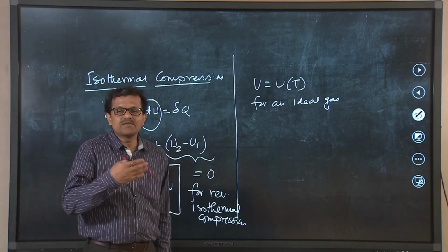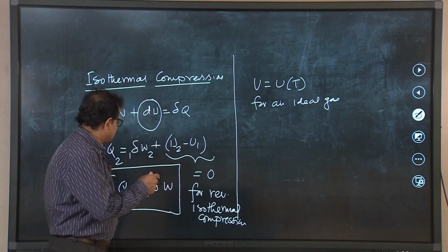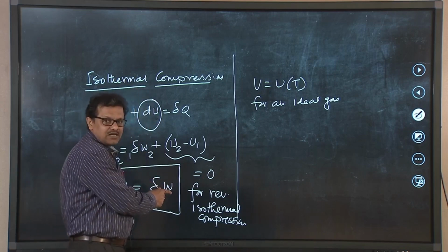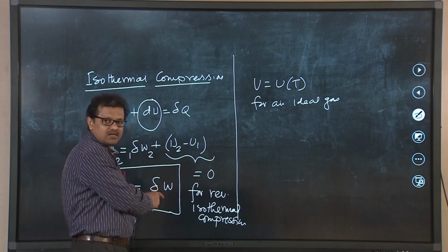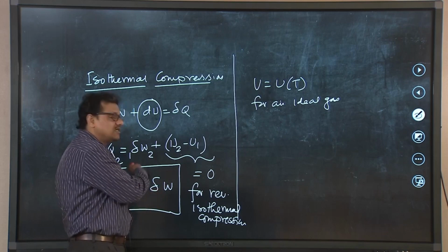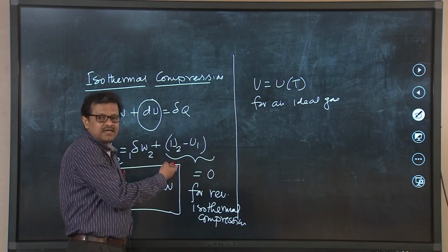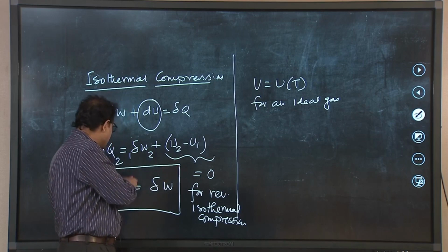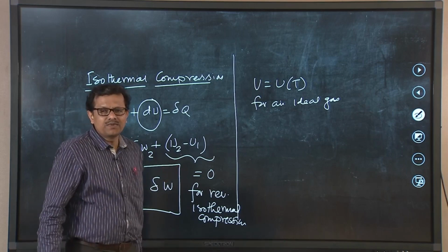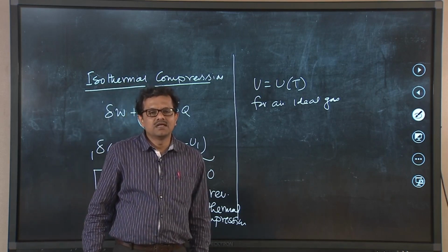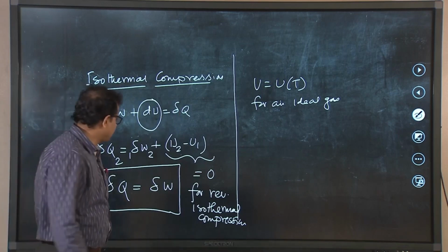Basically, for isothermal compression, the amount of energy you are supplying in the form of work, and the rise in temperature is not permitted. Hence, this amount of energy will be taken from the working fluid by cooling.